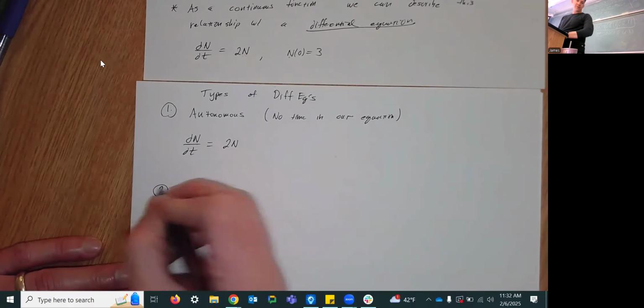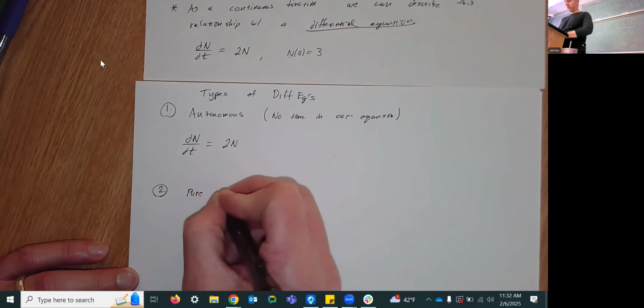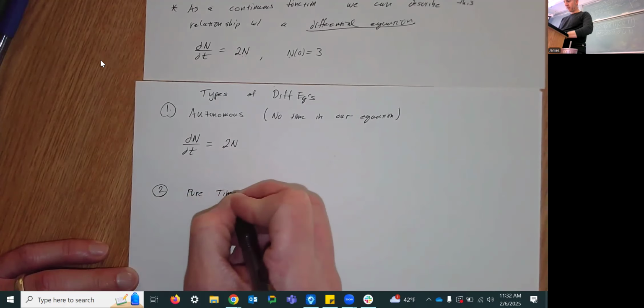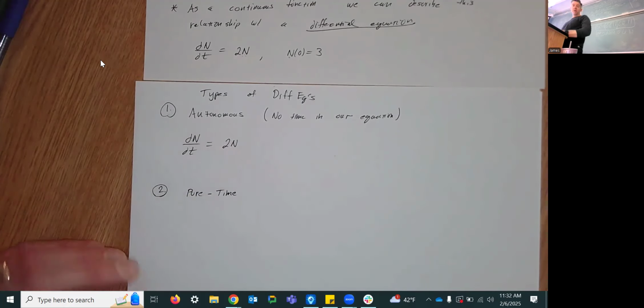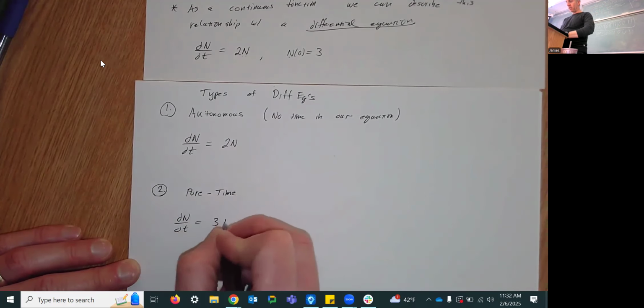Then you can have kind of the opposite of that, which is pure time, meaning your derivative only depends on time and it does not depend on the population size. So something like dn dt equal to 3t squared.